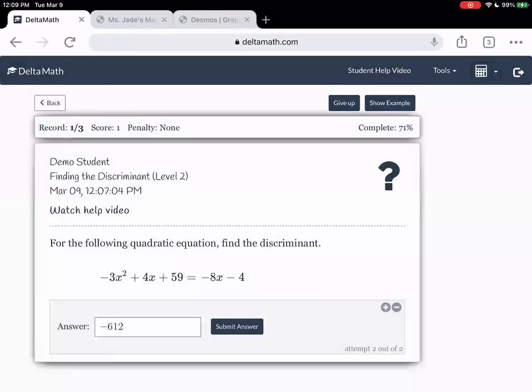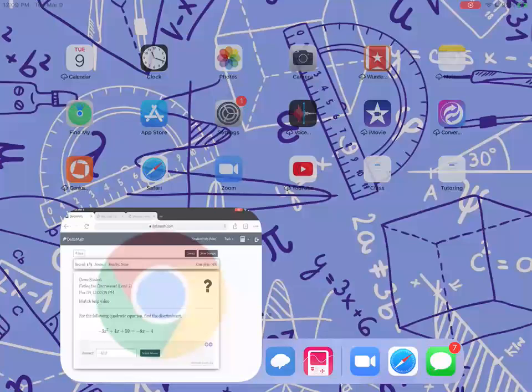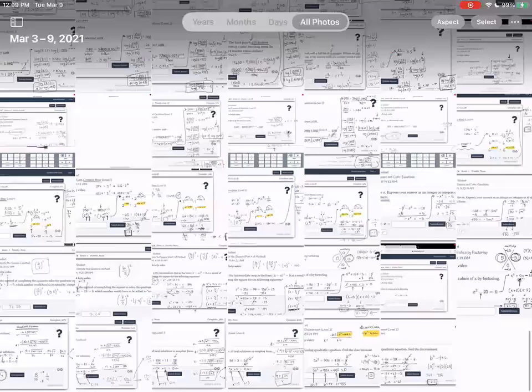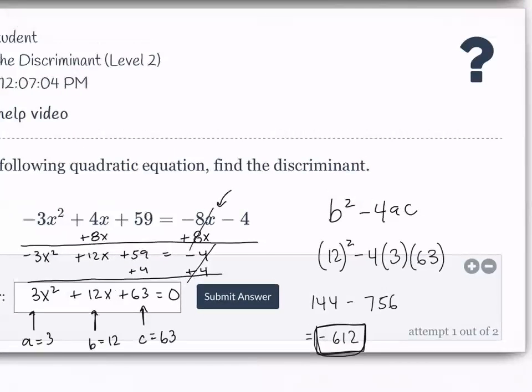Oh, okay. Let's see. What did we do wrong? Let's see. Where's my picture? There it is. Okay, so what did we do? We added 8x on both sides, and then that gave us negative 3x squared plus 12x plus 59.